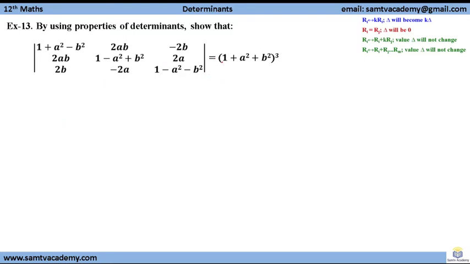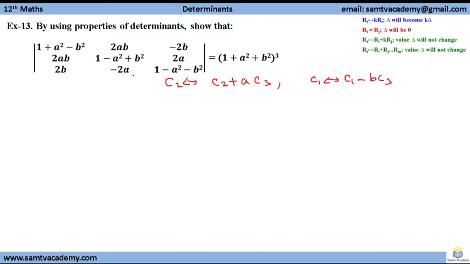So we have to prove this right hand side is equal to this left hand side. First step, we will replace C2 with C2 plus A C3, and next C1 is replaced with C1 minus B C3.